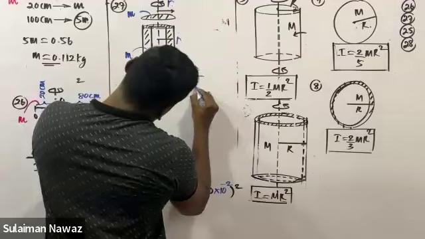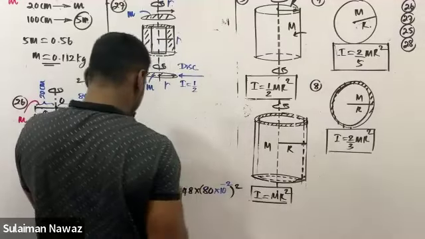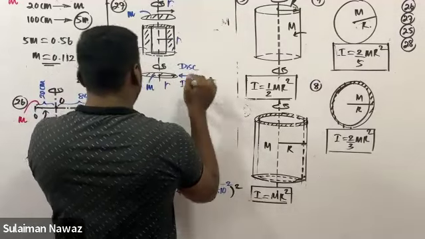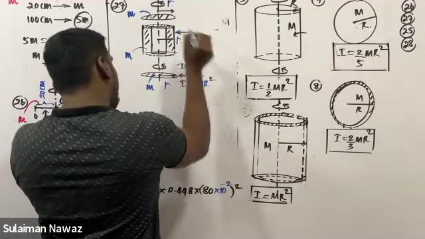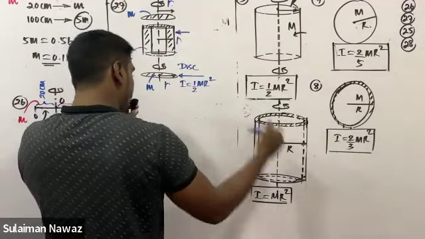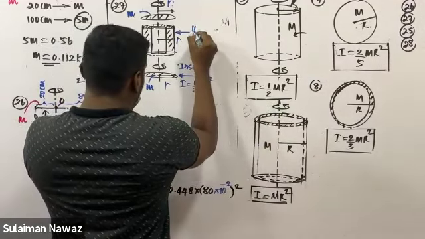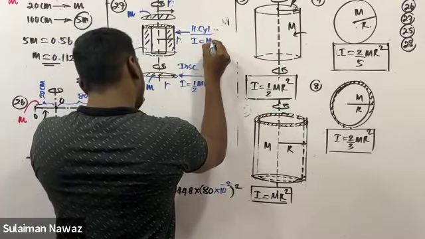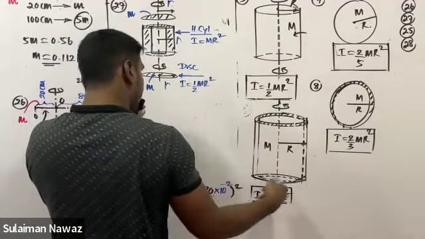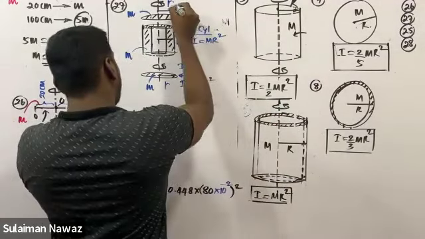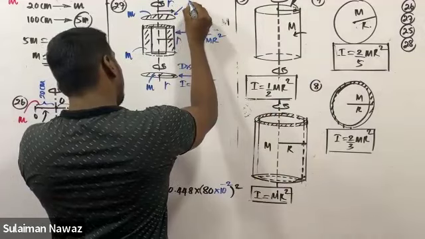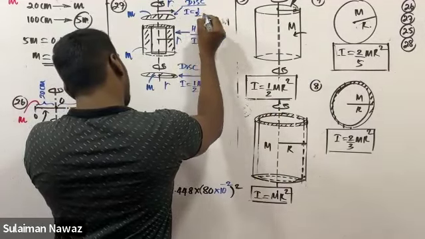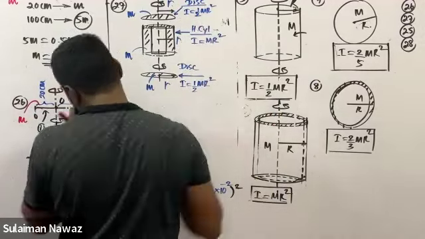I equals half M R squared. Hollow cylinder means I equals M R squared. This is also a disk. If it is a disk, we know the equation: I equals half M R squared.